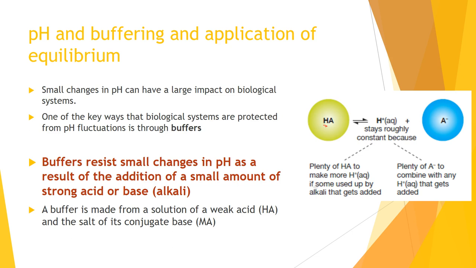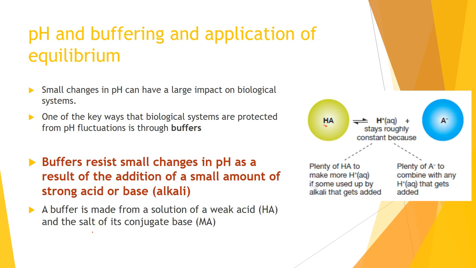Essentially, what a buffer system does is it means that small changes in pH don't have a large impact. What it means is that we can add acid or base into the system, and the system will resist changes as a result of that acid or base being added. So a buffer must always be made from a solution of a weak acid and the salt of its conjugate base.